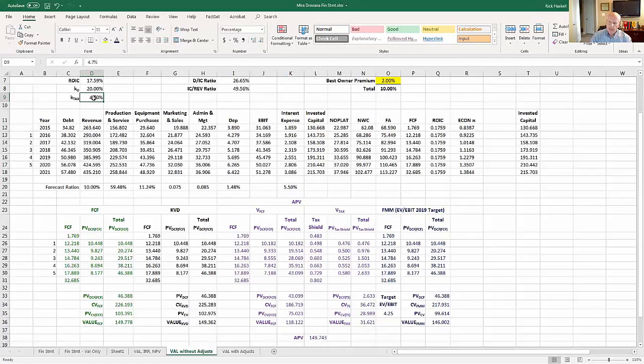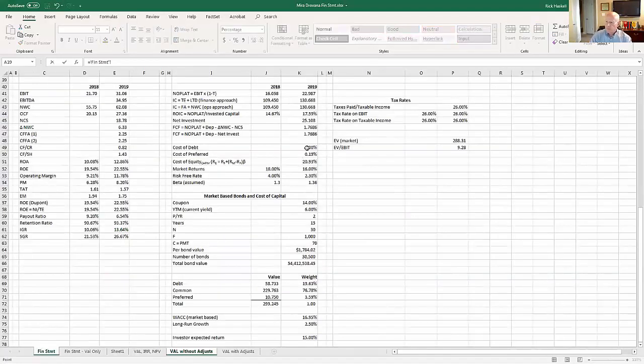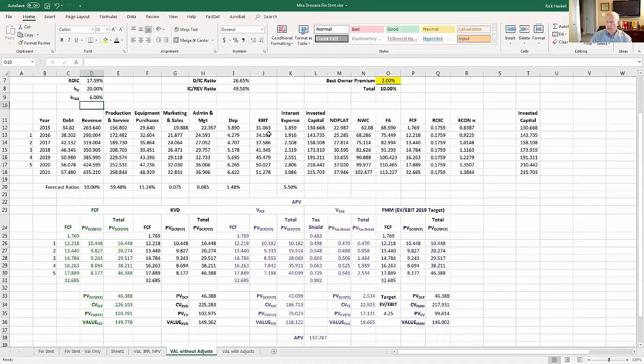But in reality, most often you're going to use RD for K-tax. Let me put this back so we're using RD for K-tax. And we're back to a number that's a little bit, but not terribly, different from the values for free cash flow and KVD that we had before.